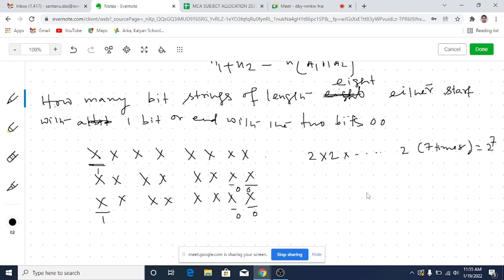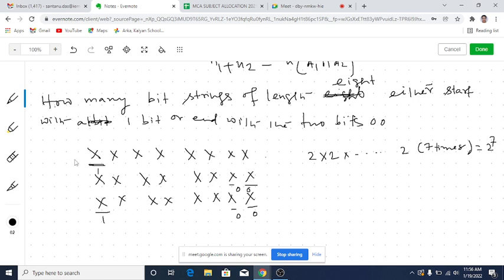Is that clear or not? Yes, sir. So what is the length of the string? The total length of the string is 8 bits. Here I am considering that the first bit starts with 1, so the remaining 7 bits can be filled with either 1 or 0.